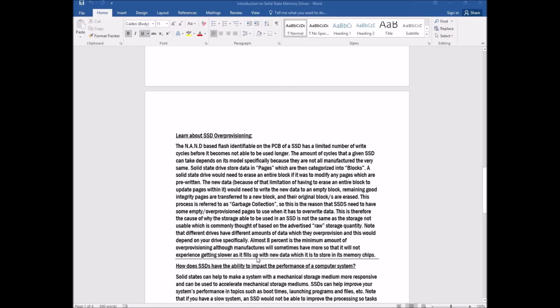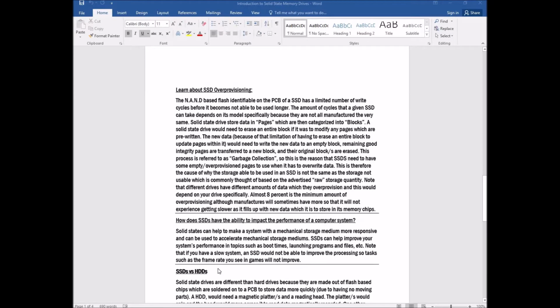How do solid-state drives impact the performance of a computer system? Solid-state drives can help make a system with a mechanical storage medium more responsive and can be used to accelerate mechanical storage mediums.